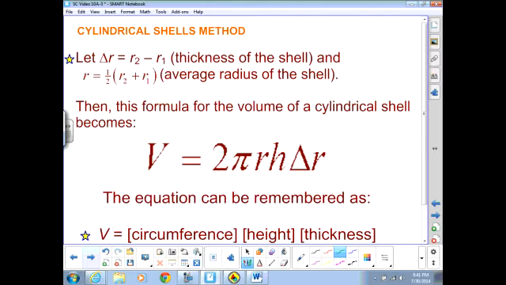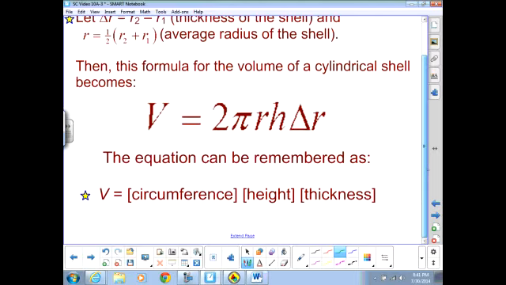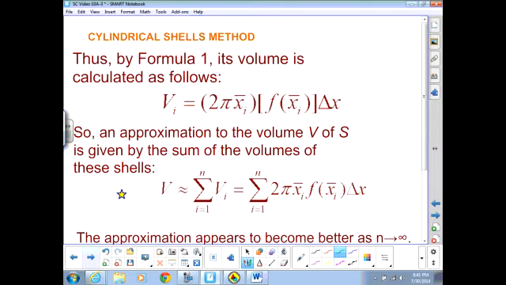So here's just that same formula written nicely again. In reality, 2 pi r is the circumference again, h is the height, and our thickness is that delta r. Again, that delta r will end up becoming our dx or our dy in our integral. Just like all the others, we'll make those rectangles as small as possible. We'll add them all up.